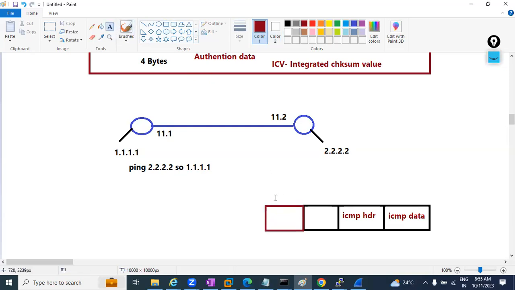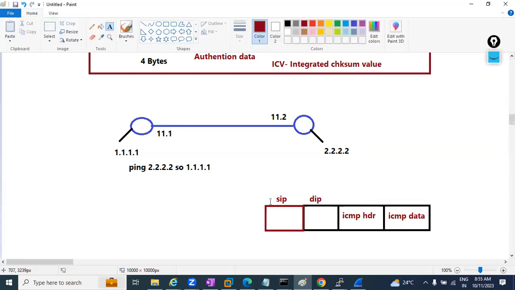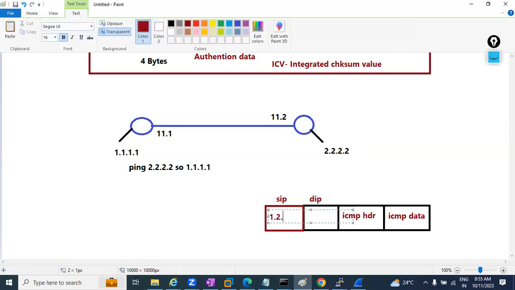So here there would be the source IP and then the destination IP. What exactly is the source IP here? Actually 1.1.1.1, and for this 2.2.2.2.